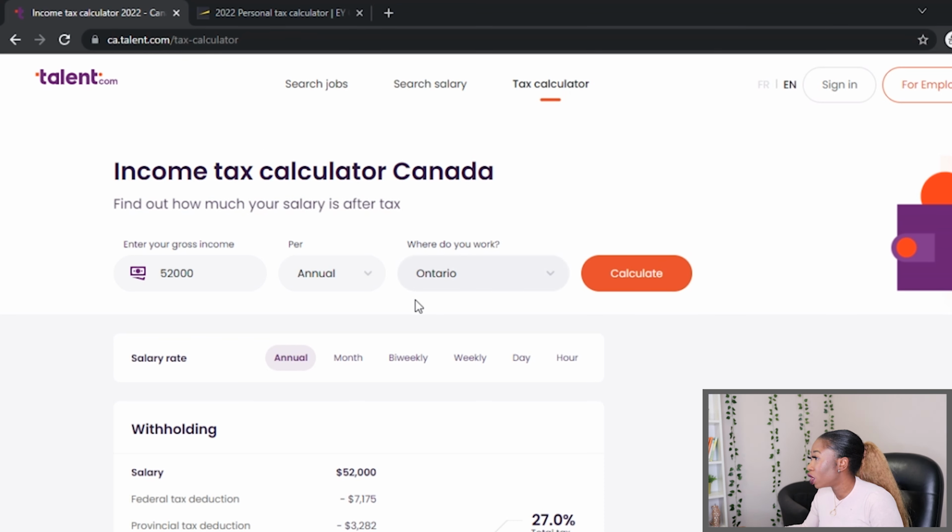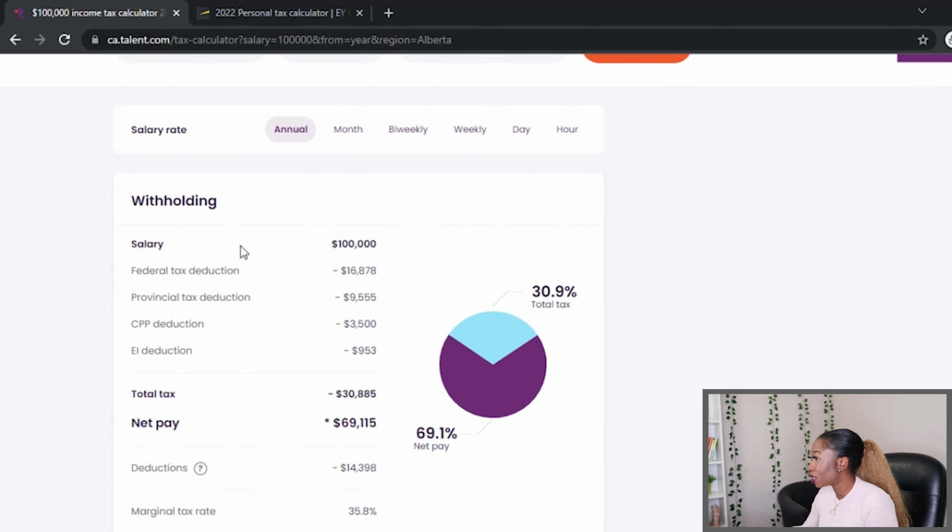So let's say your annual income is $100,000 and you live in, let's use Alberta, and you calculate. This will tell you how much the federal taxes is, which is usually the same for everyone, the provincial taxes, CPP, EI deduction, and will give you an estimate of your net pay.